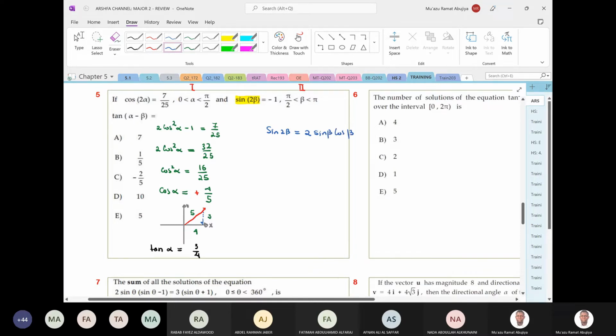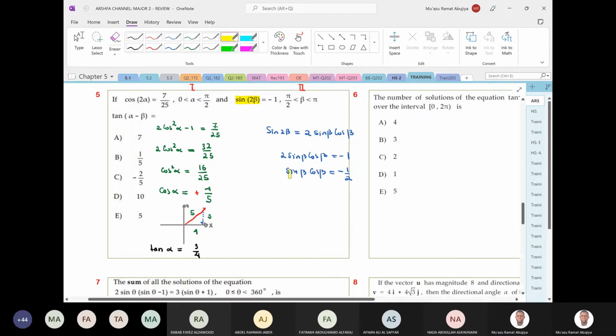Now, if I rewrite this one, if we say 2 sine beta multiplied by cosine of beta equal to minus 1, then we can say sine of beta cosine of beta is equal to minus 1 over 2. Now, I'm in trouble. Why are we in trouble?